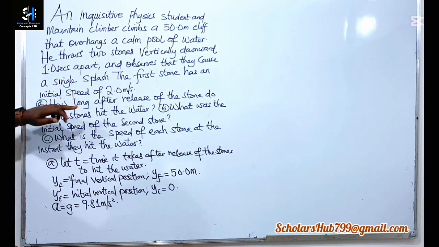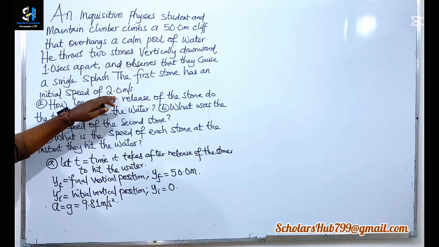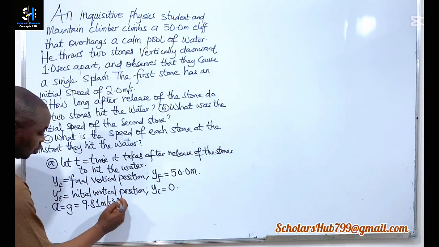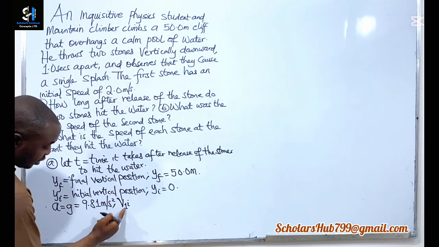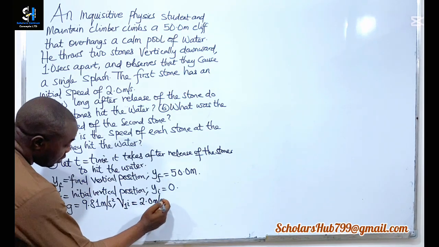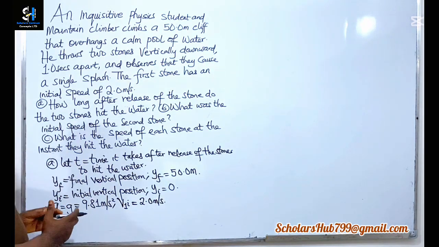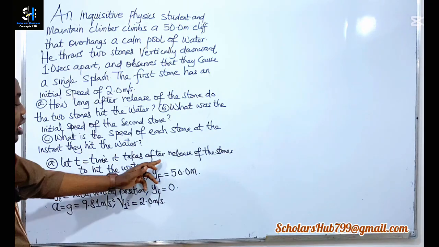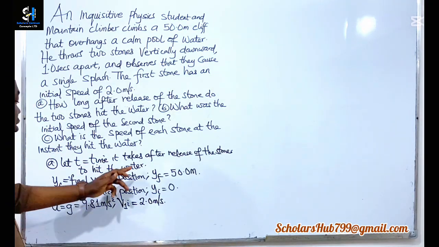Now we have that the first stone has an initial speed of 2 meters per second. So for the first stone, V1 initial has an initial speed of 2.0 meters per second. We want to calculate the time it takes after release of the stones to hit the water.